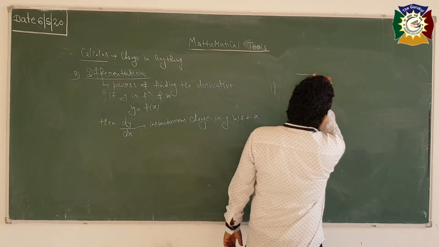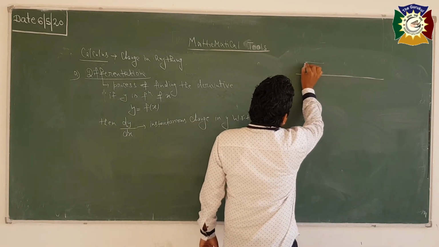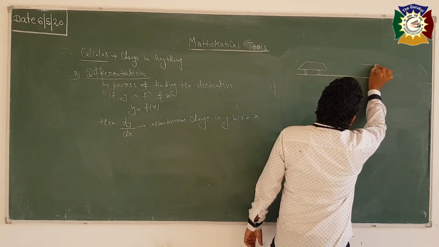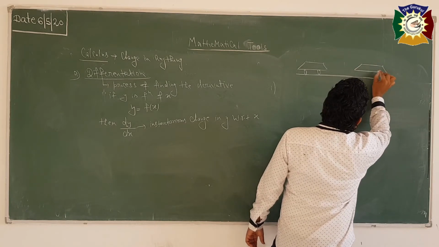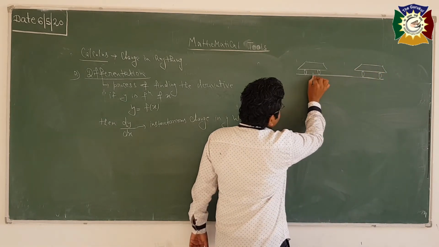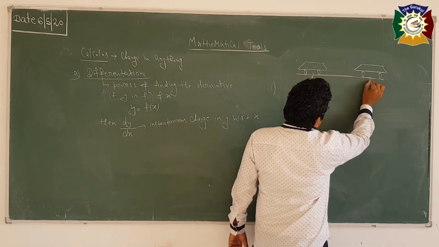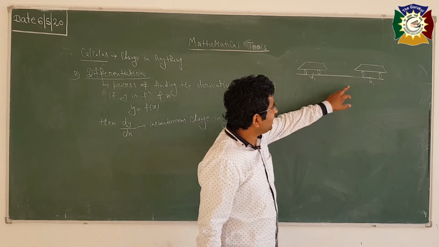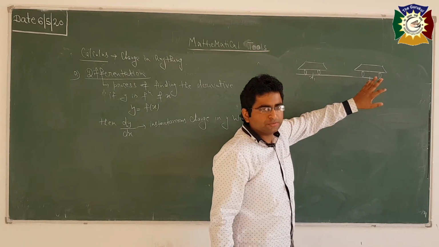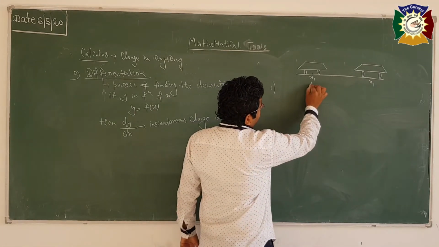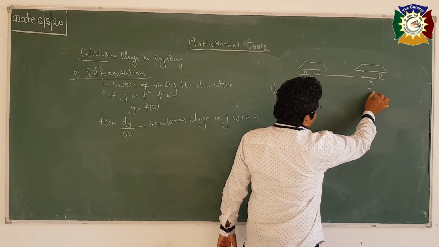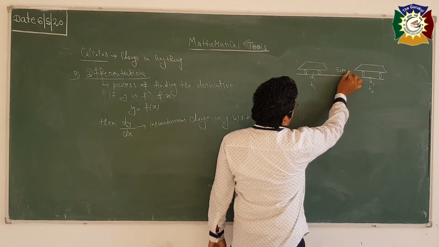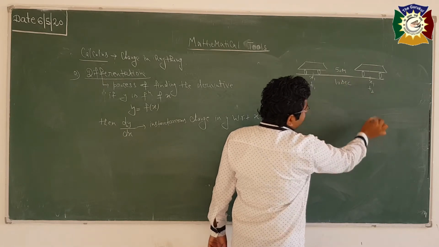Look, suppose you are driving a car and initially you were at x1 and finally you were at x2, clear? And time here is t1, here is t2. Suppose this distance is 50 meters and you have covered it in 10 seconds.